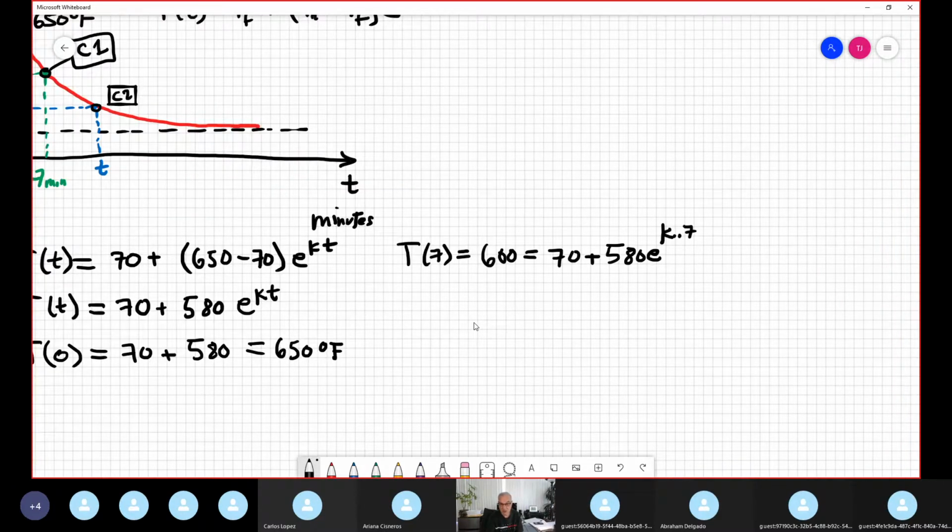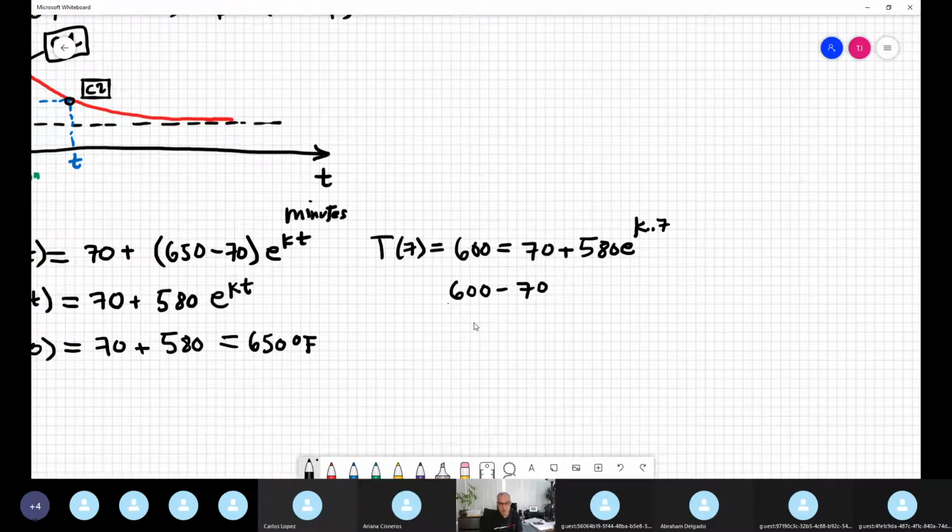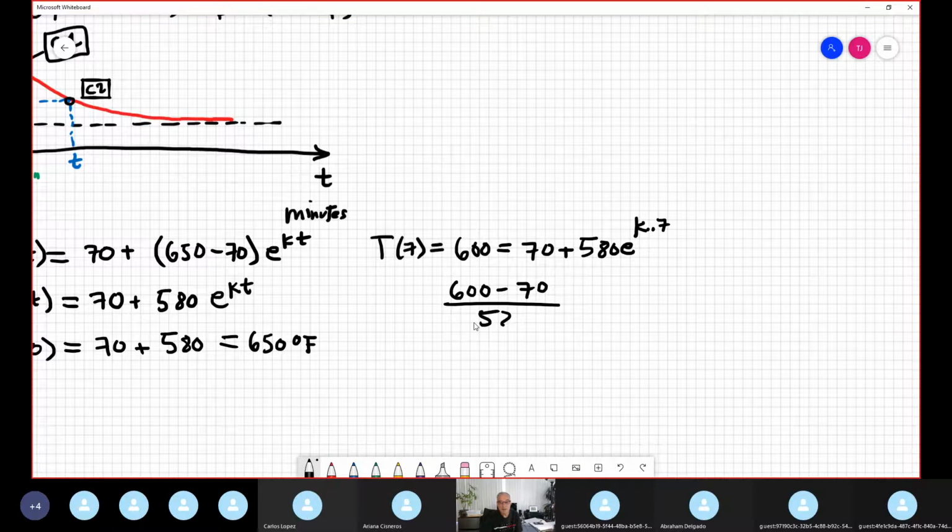Okay, now I'm moving 70: 600 minus 70 divided by 580 is equal to e to the 7k. 600 minus 70 is 530.